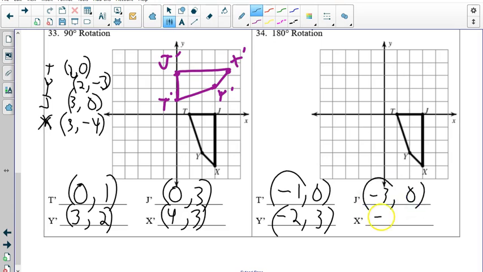And for X, -3, +4. Now let's plot those. -1, 0. -3, 0. -2, +3. And -3, +4. So -1, 0, here's my T prime. -2, +3 is my Y prime. -3, 0 is my J prime. And here is my X prime.